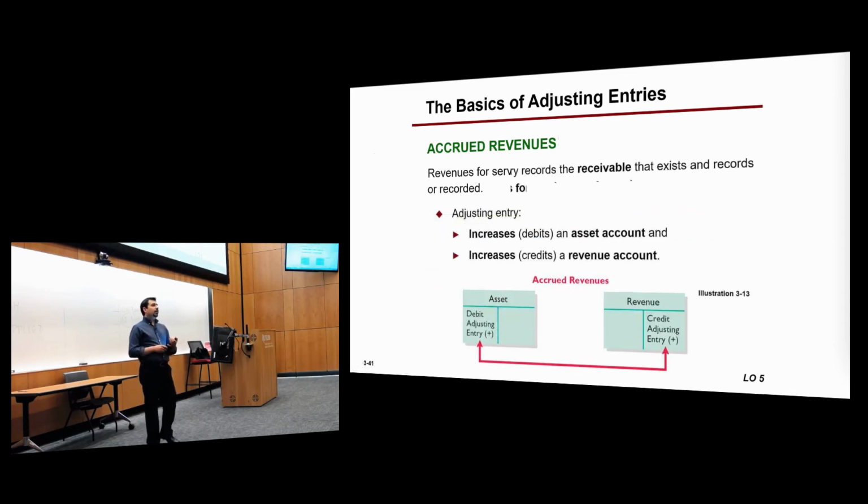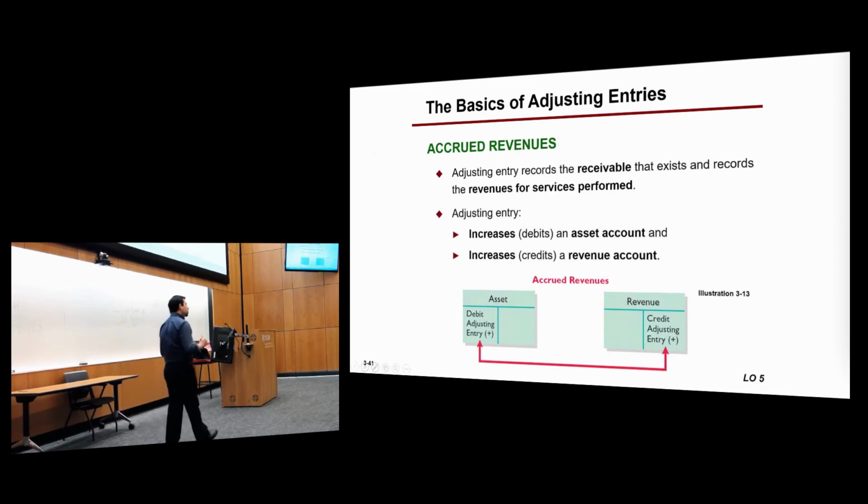A popular example in the book that they keep giving is interest. This is especially when companies do not make an adjustment after every transaction. It's not efficient for any company to keep making adjustments every day for interest. They wait until the end of the month. It's the same thing with salaries.